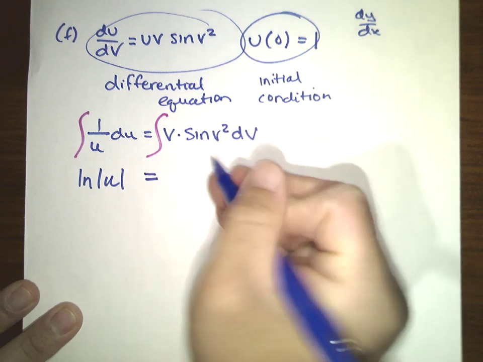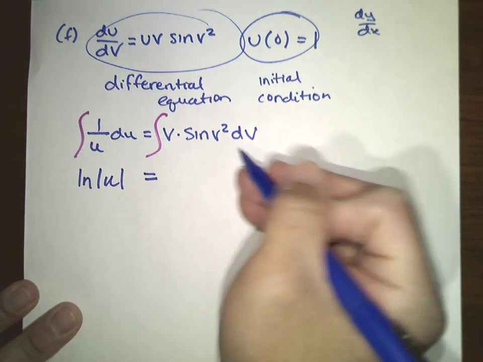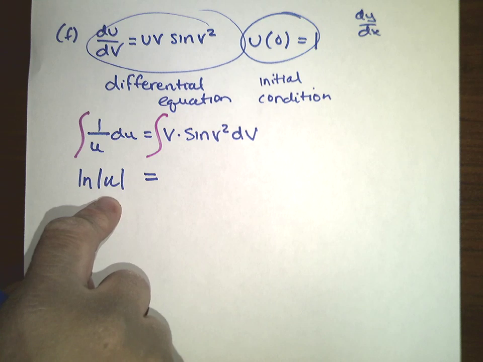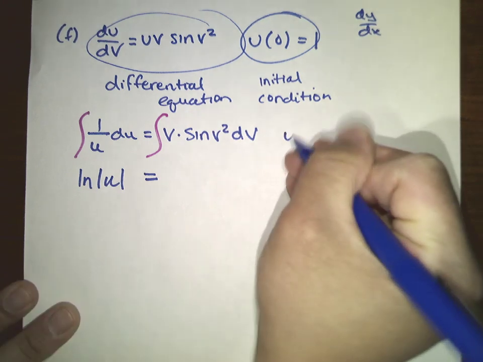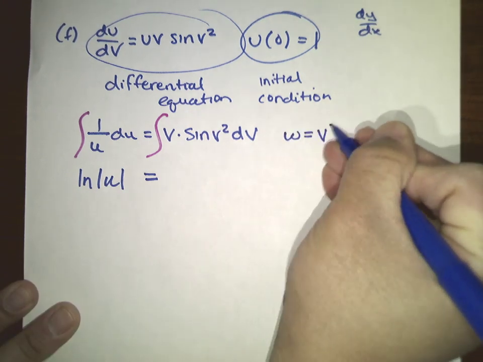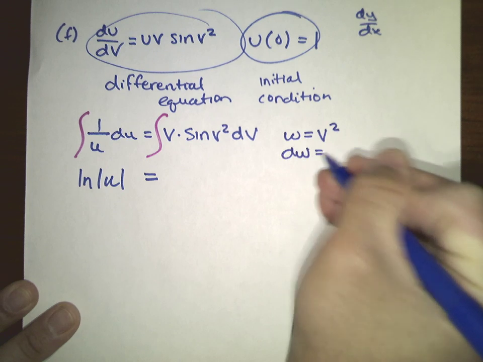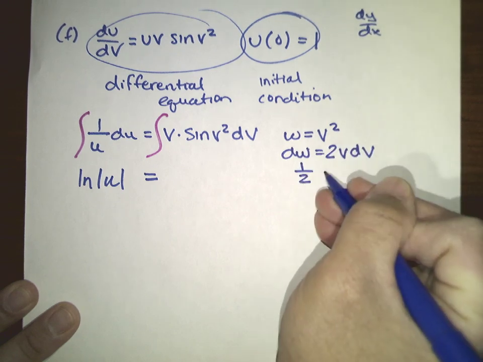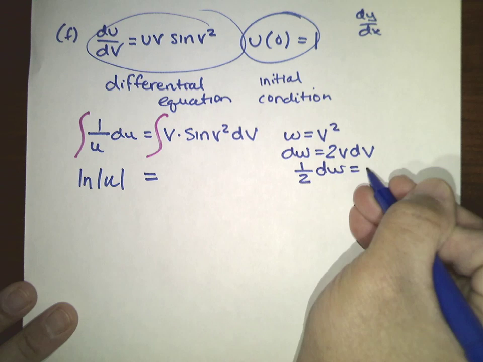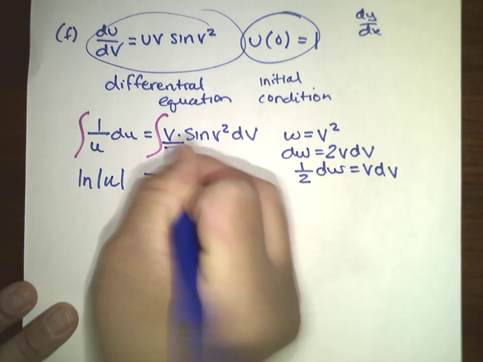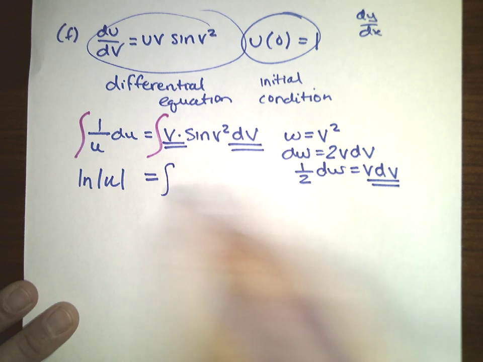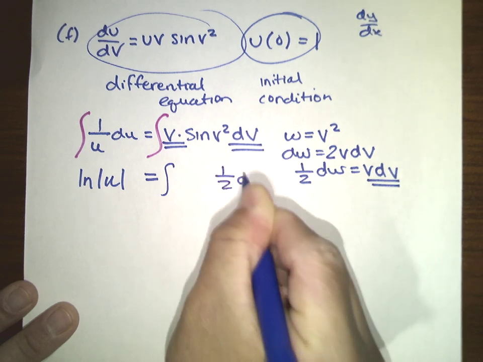And then for this one, I would say use a substitution, but because we already have a u in the problem, we might want to use like w. So w is v squared, and then dw is 2v dv. So we have 1/2, and dw will be v dv. So v dv is equal to 1/2 dw.